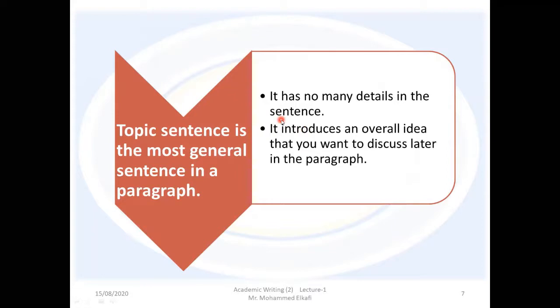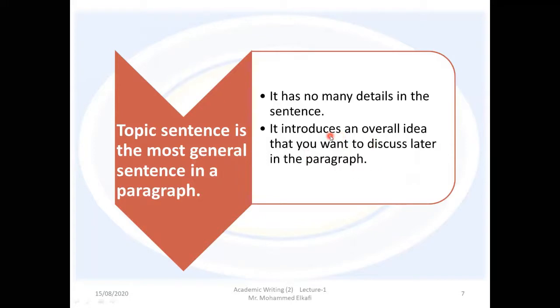Also, this topic sentence is the most general sentence because it introduces an overall idea that you want to discuss later in the paragraph.